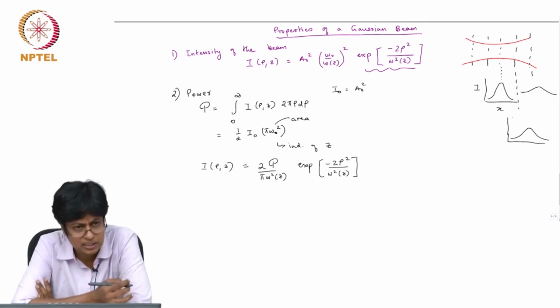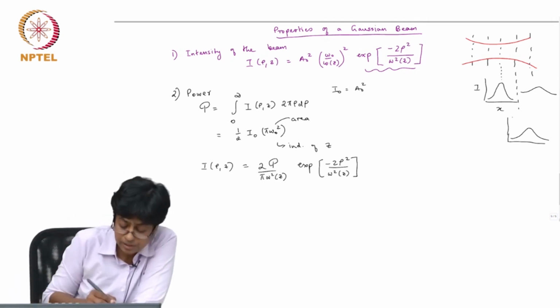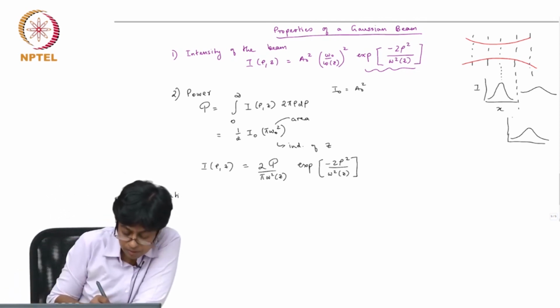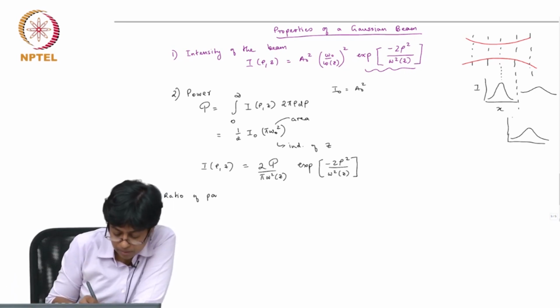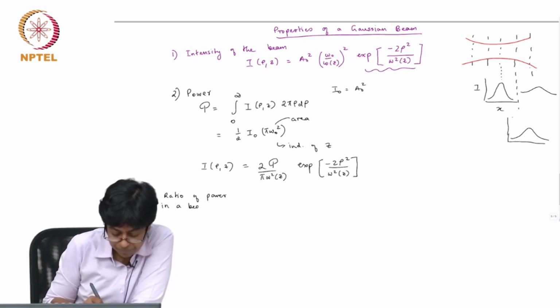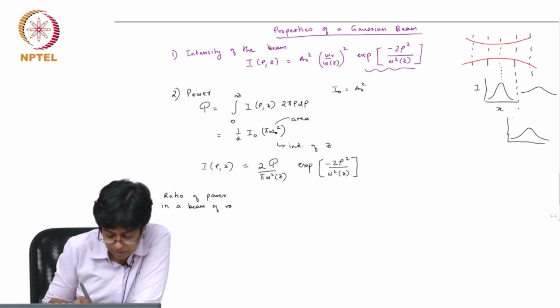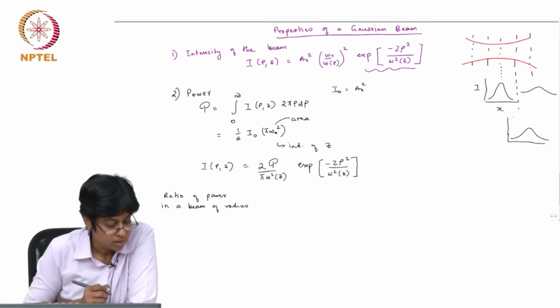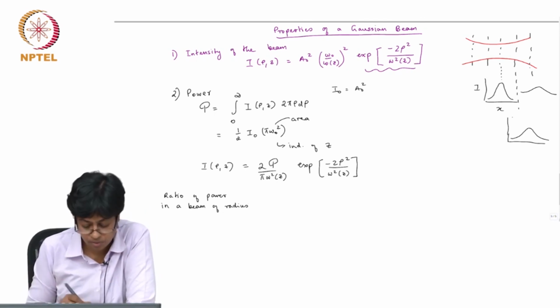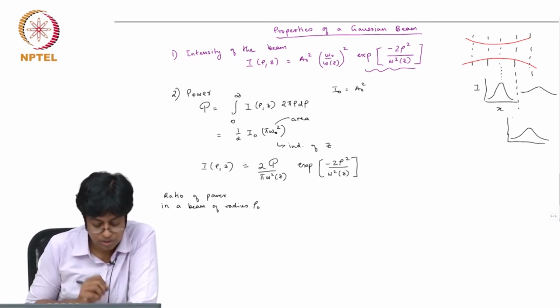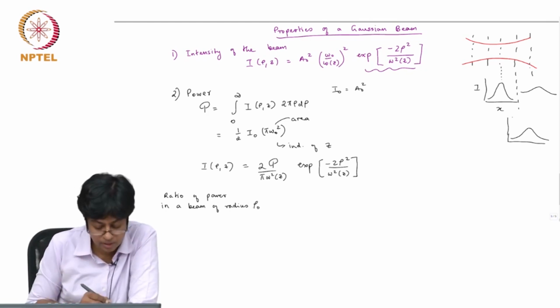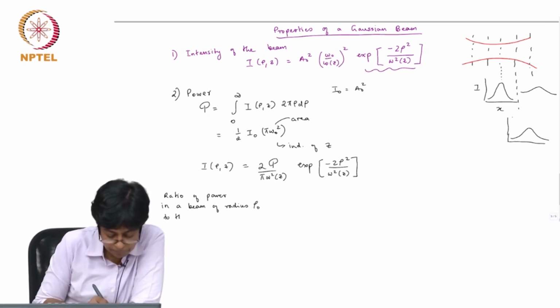Okay, so sometimes you'll see it written in this form, but what is really of interest is often the ratio of power in a beam of radius rho naught to the total power.